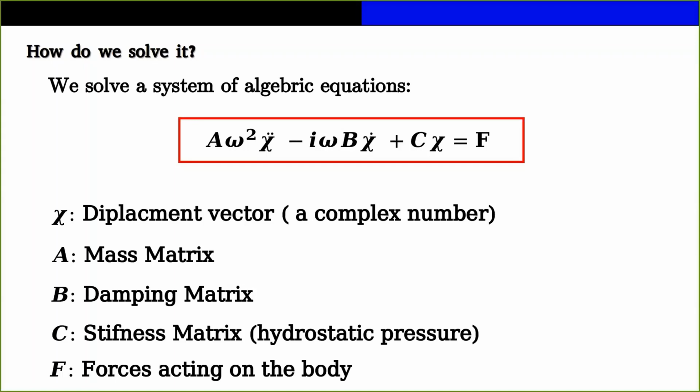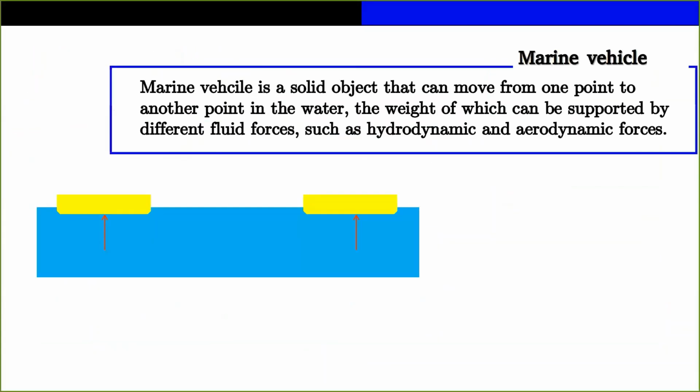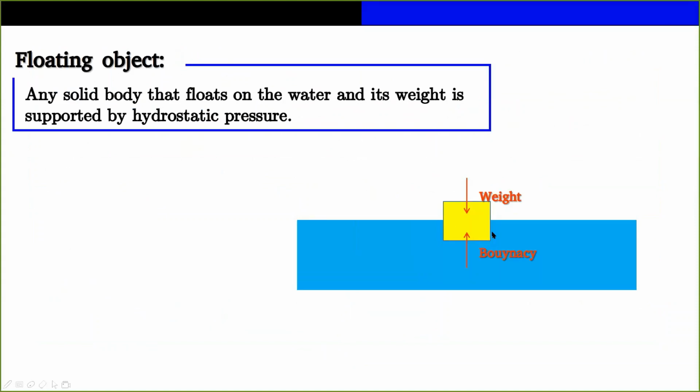When we're talking about a floating body, like this floating object that we've got over here, this floating object can have motion on the water surface. Don't think about waves. It can have motions on the water surface, and while it has motion, it can generate some waves around it.